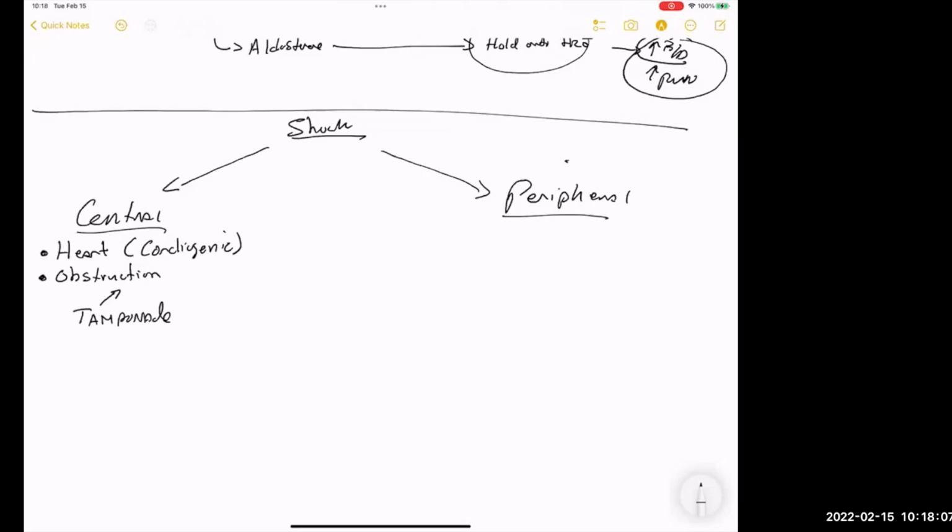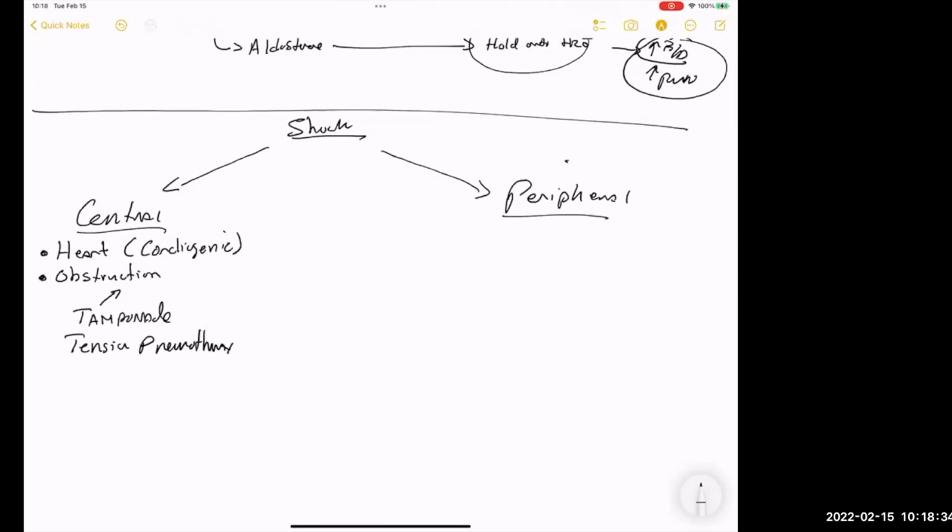And then that puts pressure on the heart, specifically blood coming into the right side of the heart from the venous system. That's called preload. And the heart can't get preloaded, and then the cardiac output falls, right? So tamponade is one major example of obstructive shock. The other major example is a tension pneumothorax.